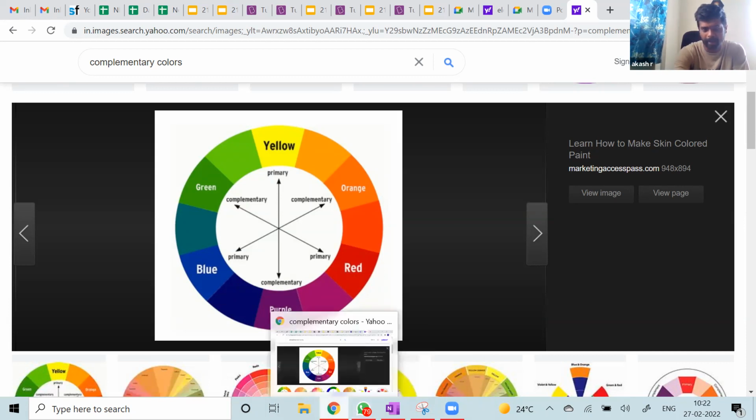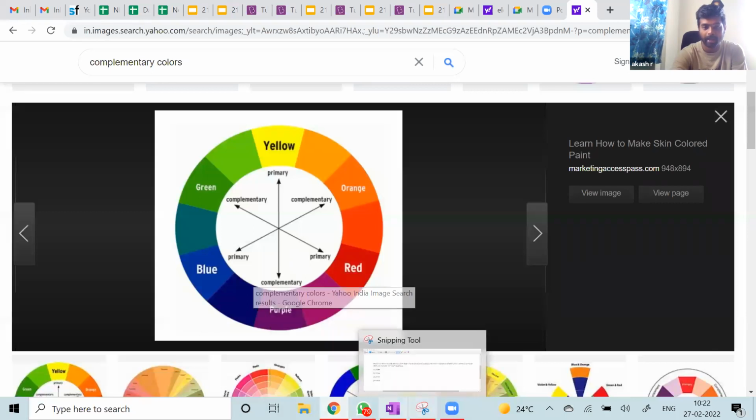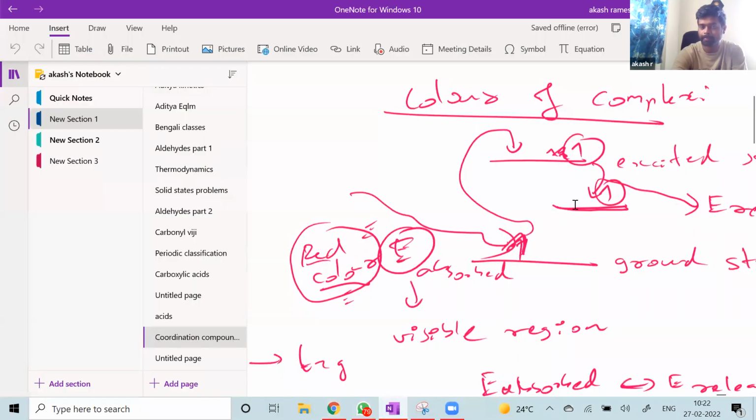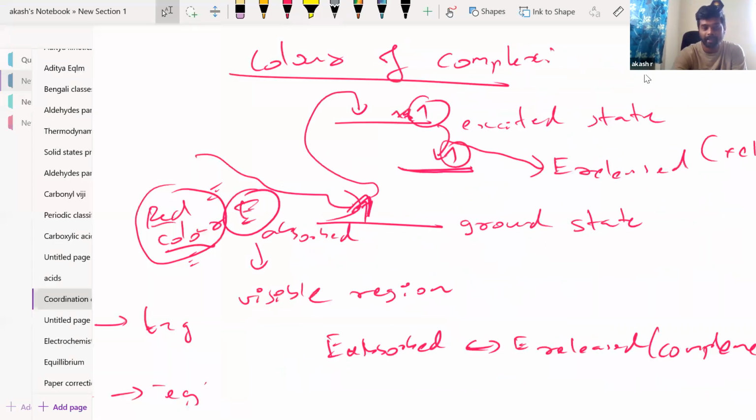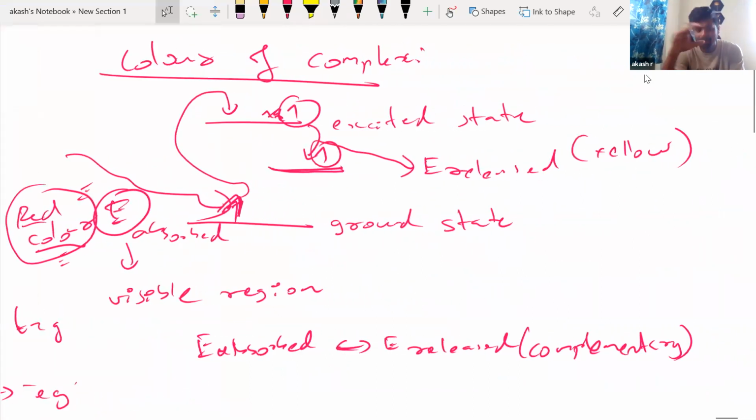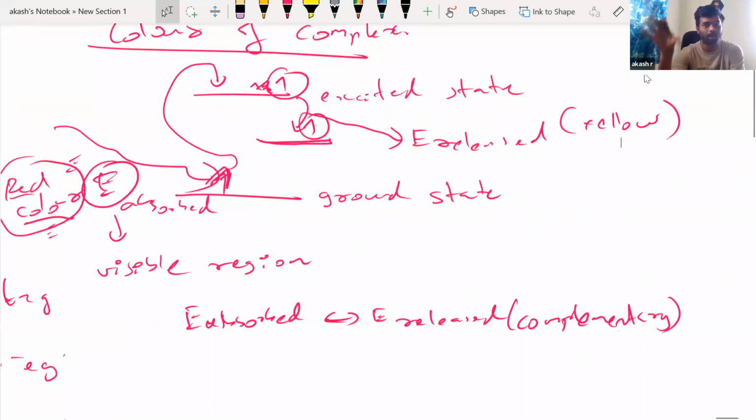Now, fine. We understood that this is the process of something being colored. But not all the complexes will be colored. Some of the complexes will not be colored also. Now, say you know what the metal is, what the ligands are, and what the oxidation state is, that much only you know.